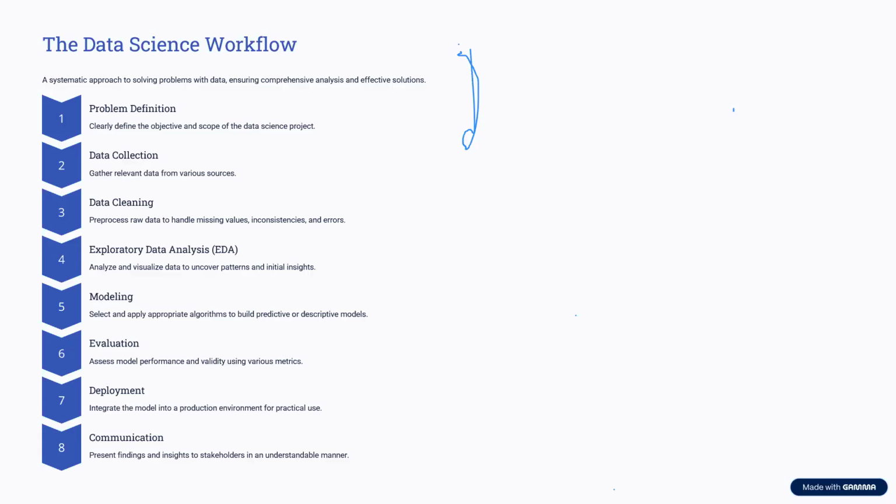We also have errors. They can come in several forms. Now we have the EDA, which is a very useful tool that helps us to understand the data sets when we get them for the first time. It's called exploratory data analysis. Here we try to do some visualizations to uncover some patterns. If I give you a very large data set, how do you even know what to do with it?